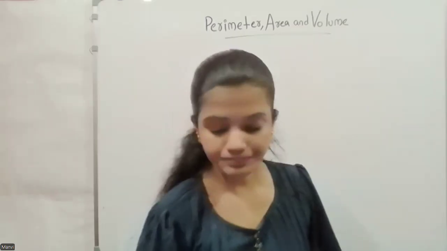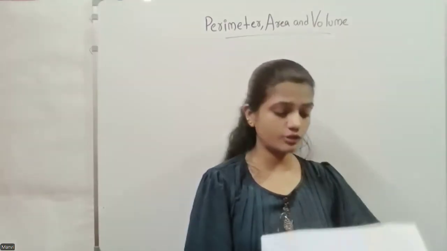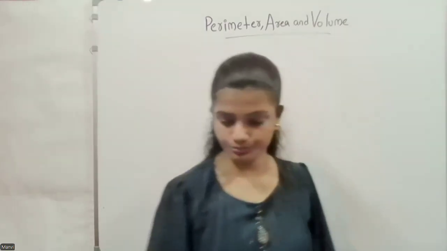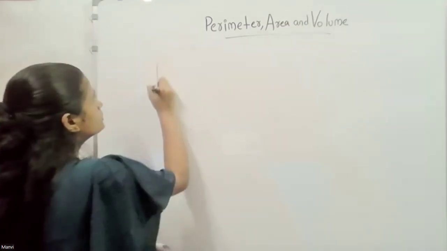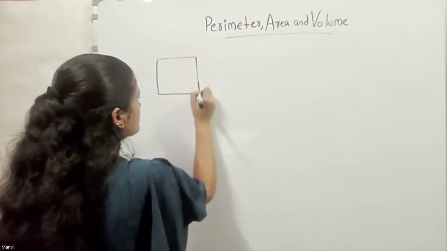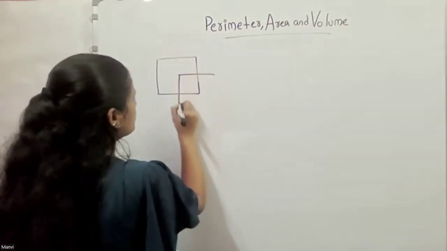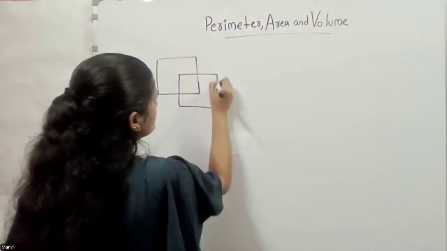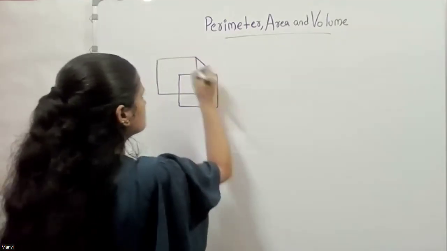Okay. Kavya, when we want to find out the area of this cube, all the faces look like a square, right?